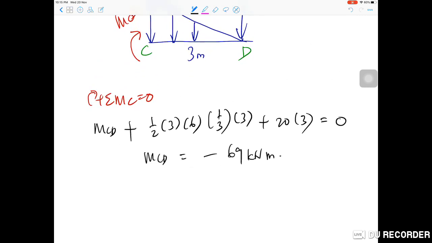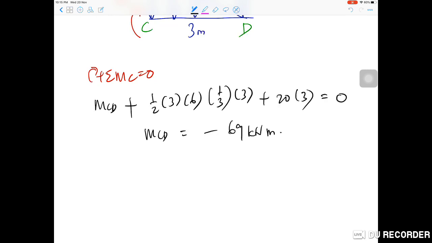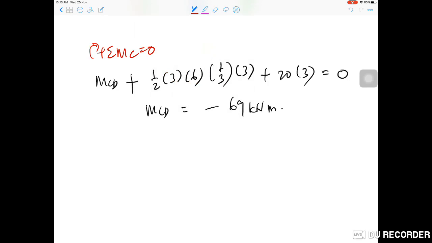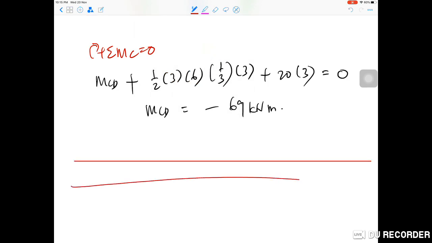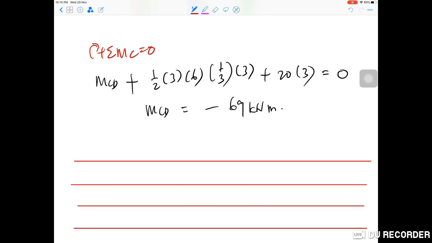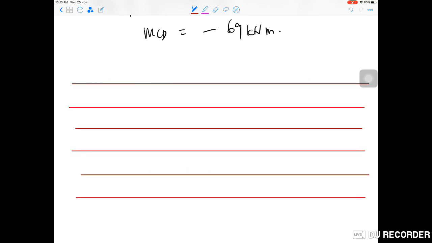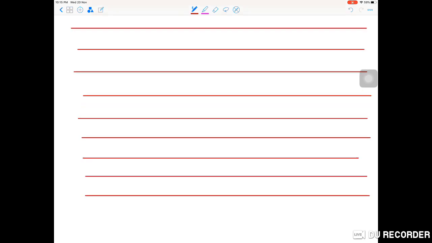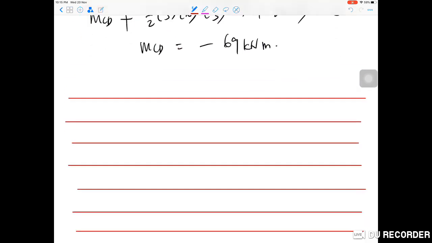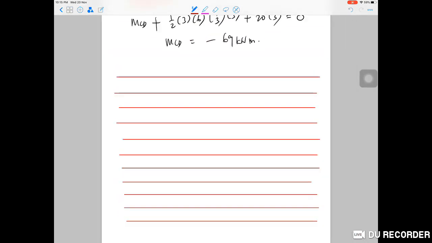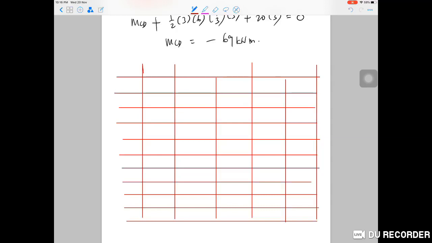Now we will start doing moment distribution. AB, BA, BC, CB, CD. This is member.